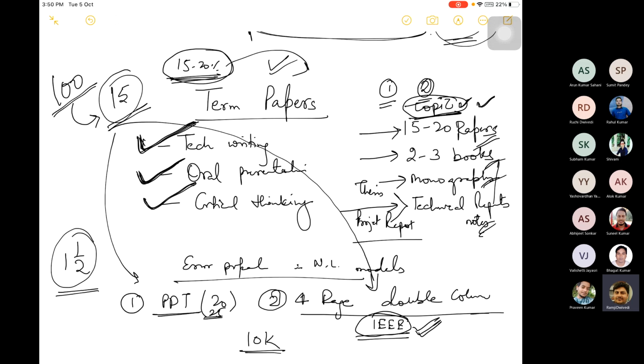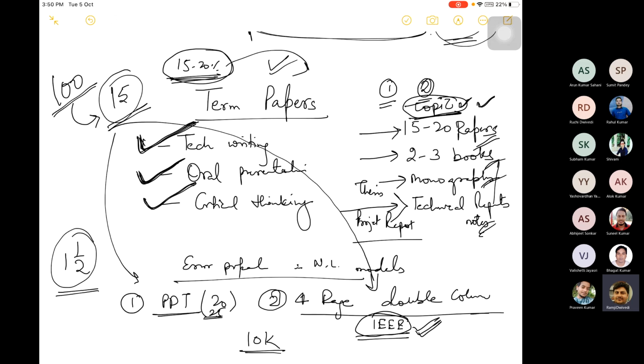35% is given to term papers, and 20% to mini projects or assignments. Such percentages are distributed. So the objective is very simple: PG students are not supposed to stick only to classroom teaching. They have to think beyond the classroom teaching. A similar objective is applied here also.